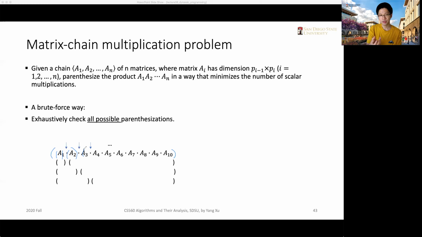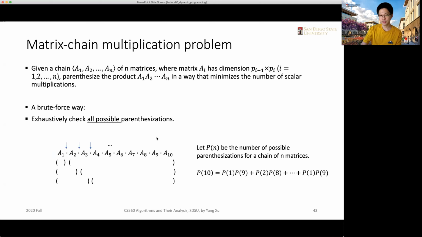Given this input sequence that has 10 matrices, there are already 9 possible choices, but that's just for the last layer. We can use Pn, the capitalized P, to indicate the number of possible parenthesizations for a chain of n matrices.